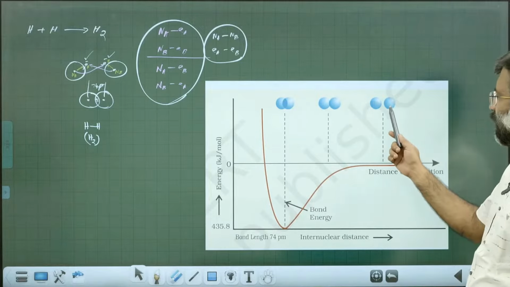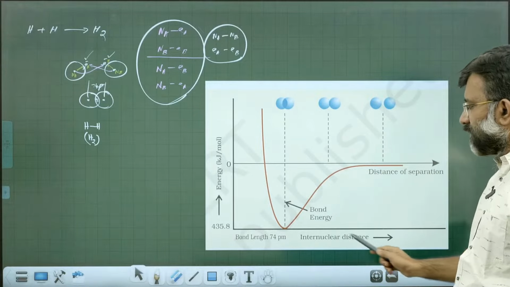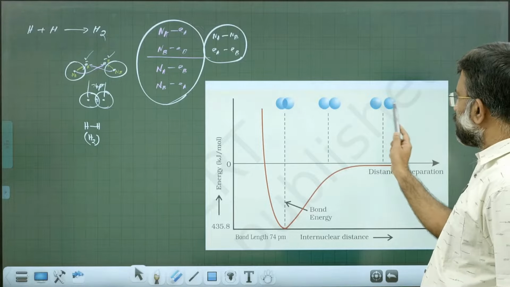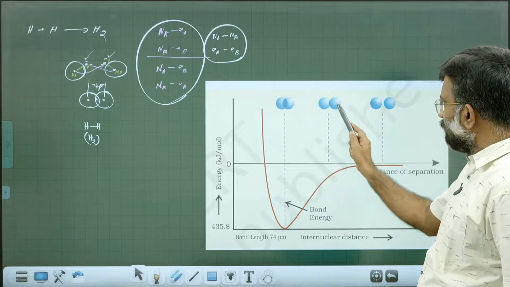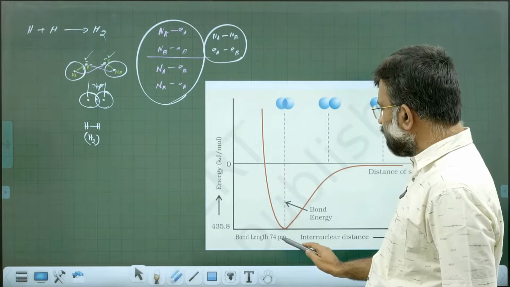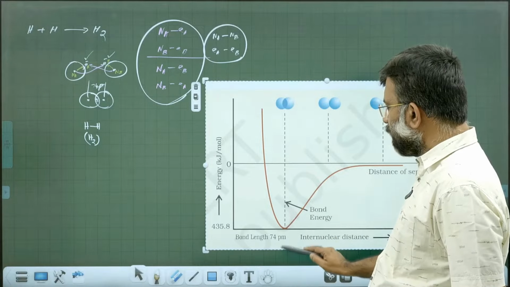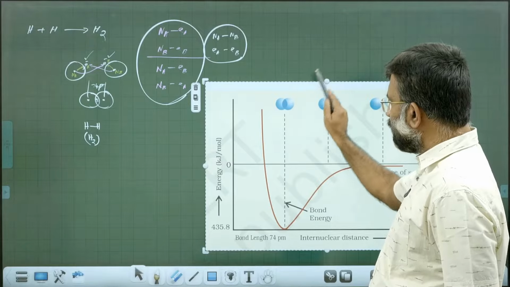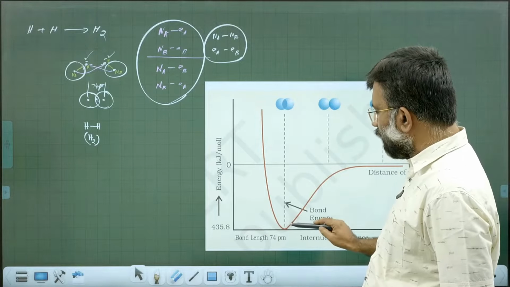The two atoms are far apart, and as they come close, this is the internuclear distance. The two hydrogen atoms coming close, you can see the energy drops. At an optimum distance, bond length 74 picometer, where the energy drops to a minimum, they are binding to each other. This is the bonded situation and this is the bond length.